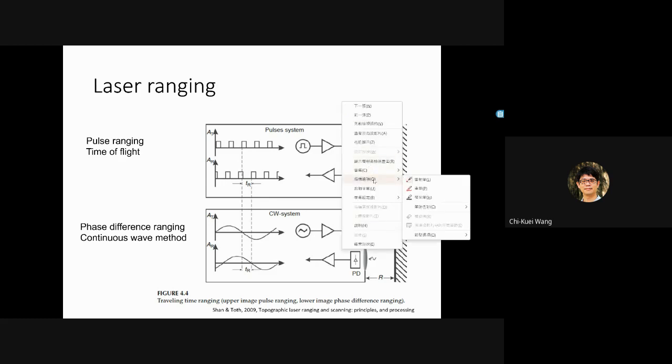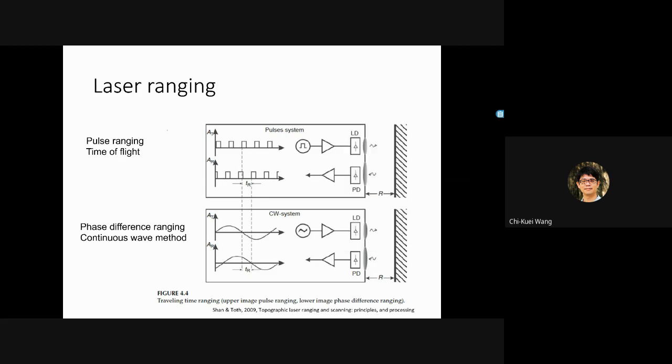Let me draw this. This whole thing is actually the scanner. Sorry for the bad drawing. And this is the object surface. So the laser light goes out and returns back.